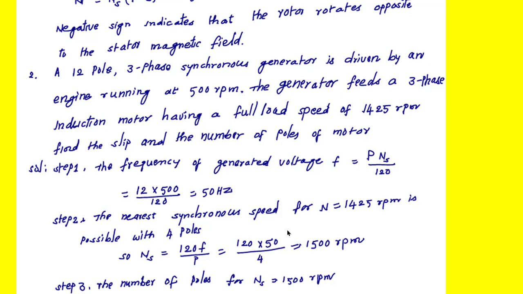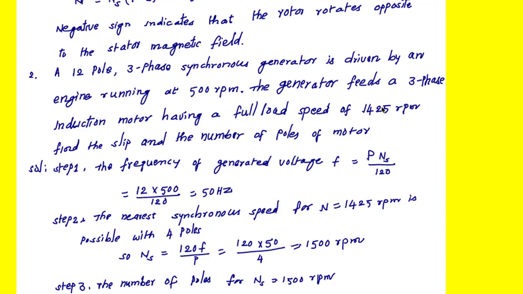Step 2 is: what is the nearest synchronous speed if the motor runs at 1425 rpm. This 1425 rpm is the rotor speed. This is the actual speed which is measured by the tachometer. So the synchronous speed of the three-phase induction motor will be different, and it will definitely be more than this and near to it.